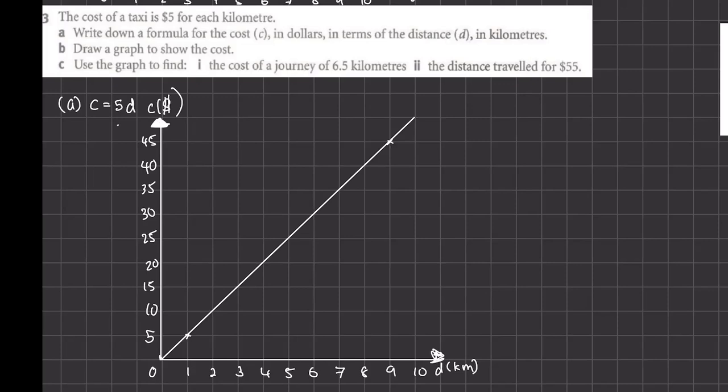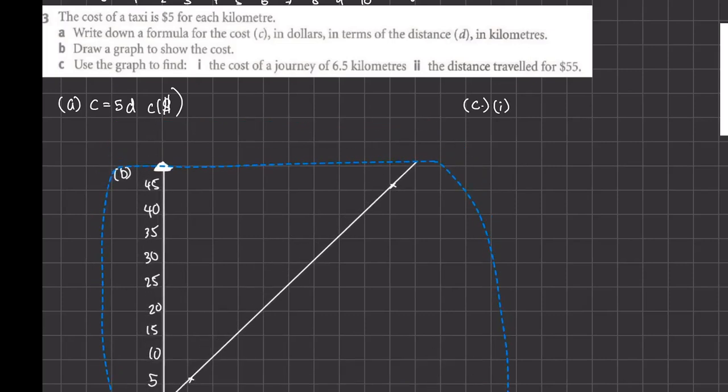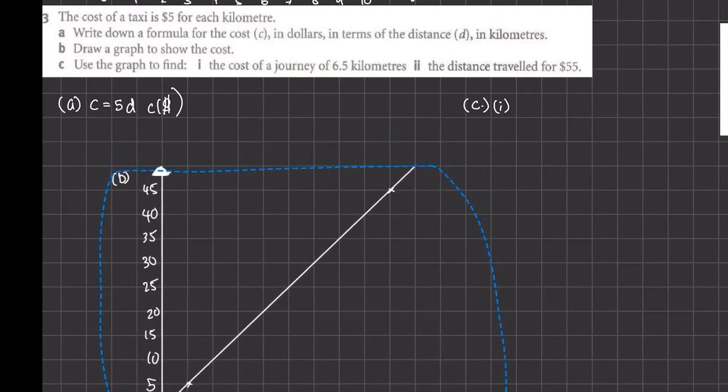This is for B. Use the graph to find the cost of the journey at 6.5 kilometers. So C1. I should extend my graph because apparently the question requires it to be more. Let me just extend it slightly further. Question requires it to be up to 55.